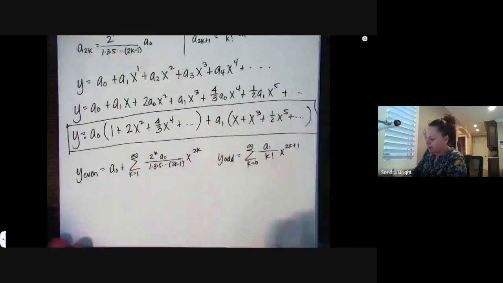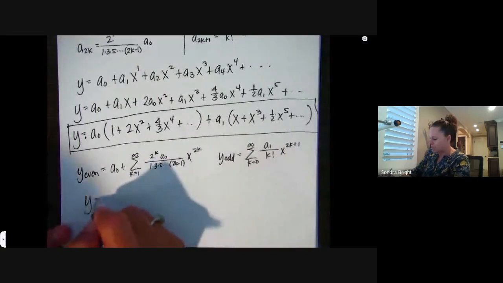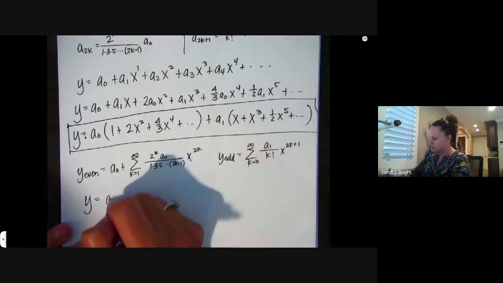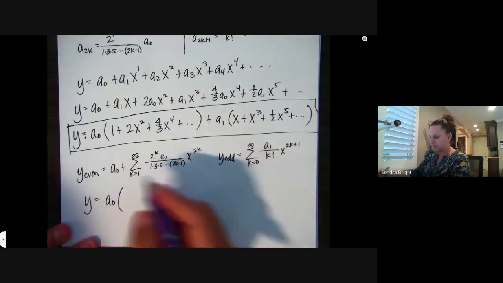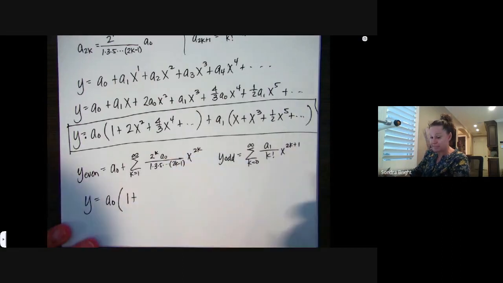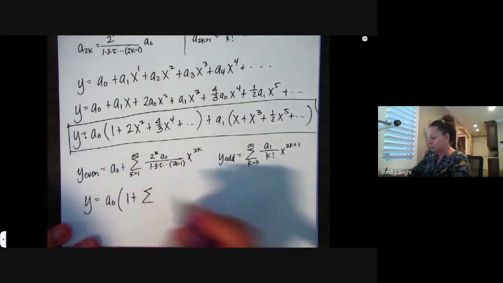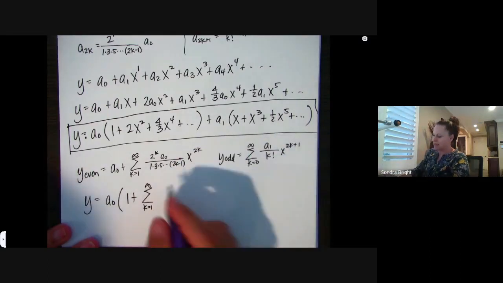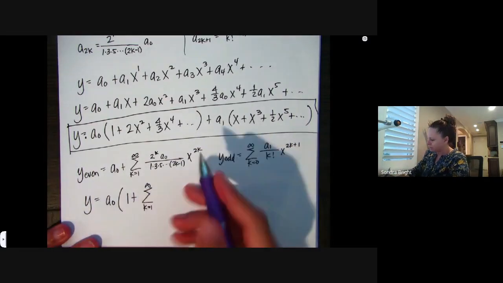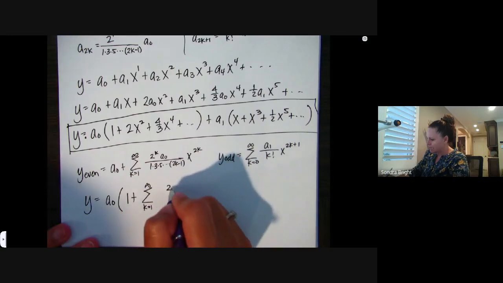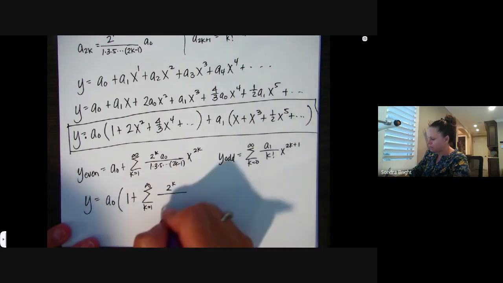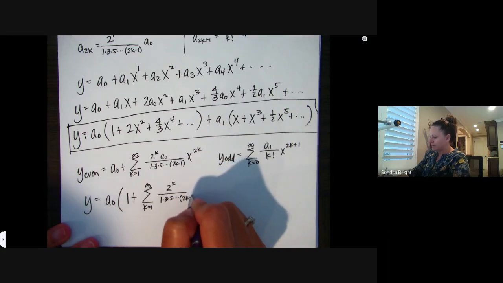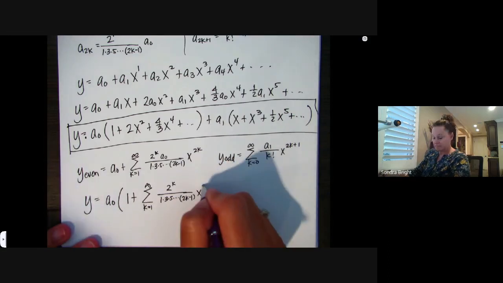If you can find the pattern, you would write your answer as y equals a naught times 1 plus the sigma from k equals 1 to infinity of, I factored out this a naught, 2 to the power of k over 1 times 3 times 5 times 2k minus 1, times x to the 2k.